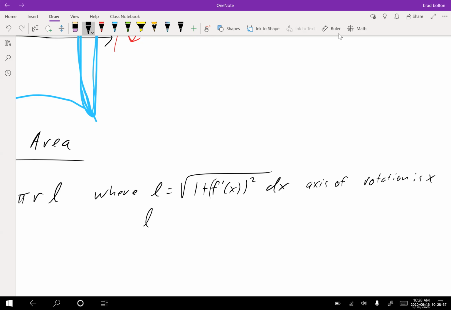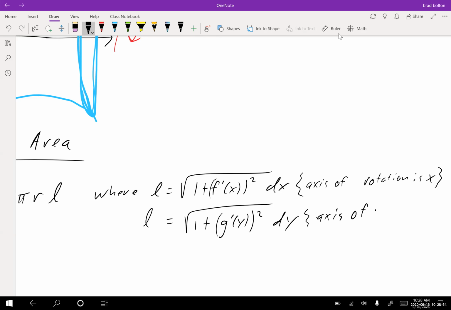And then it could also be the square root of 1 plus g prime of y squared dy, where the axis of rotation is y, or the y-axis, okay?